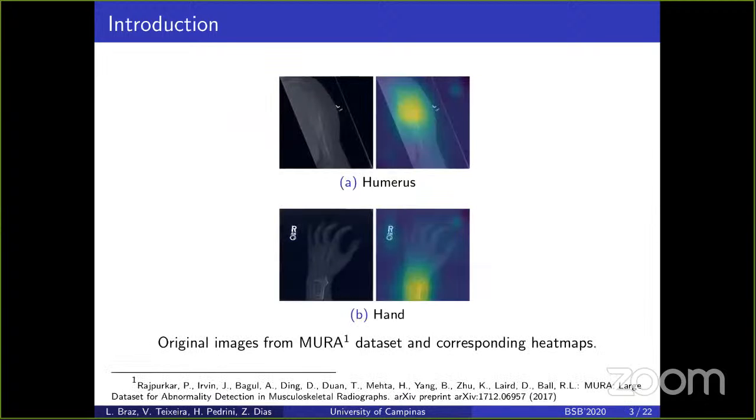Here are some examples of radiography images with a corresponding heat map generated by a CNN, which helps to identify, detect, and locate an abnormality present in the radiography exam.